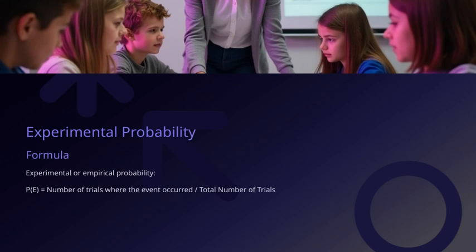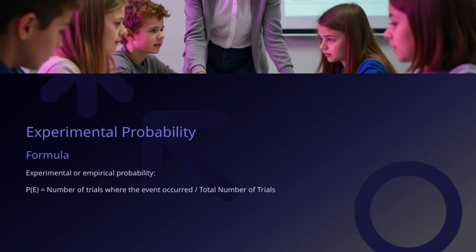Let's take a closer look at this formula. P(E) equals the number of trials where the event occurred divided by the total number of trials. This represents what's called experimental or empirical probability. Essentially, it's a way to estimate the likelihood of an event based on actual data or observations. Instead of relying on theoretical assumptions, we're looking at real-world results.